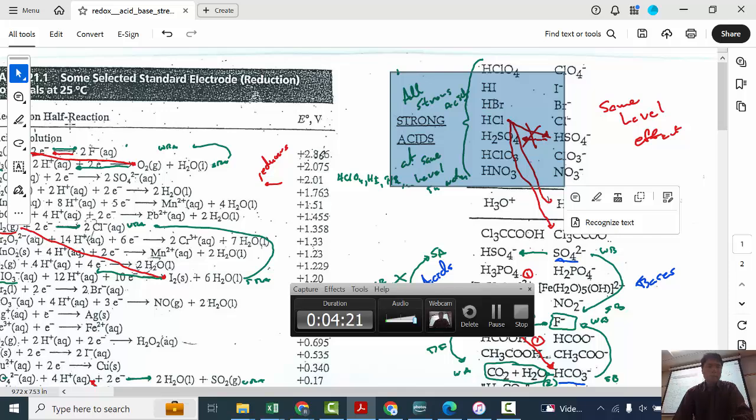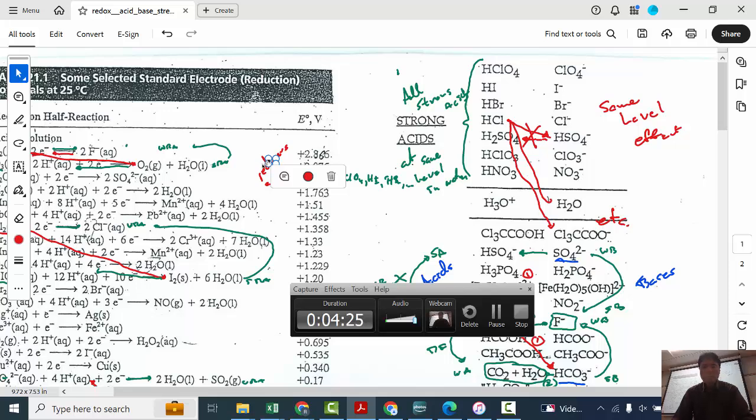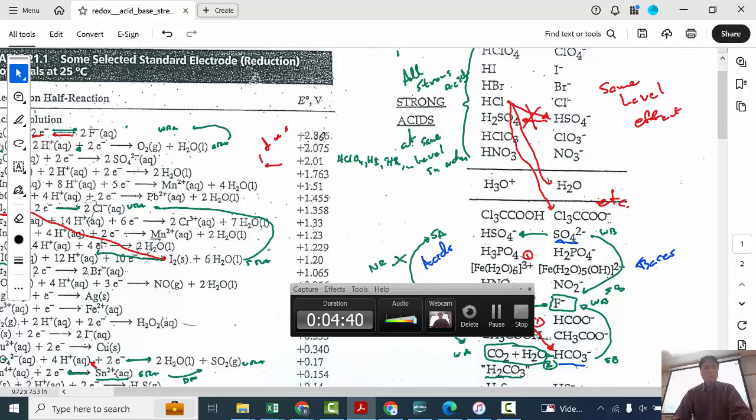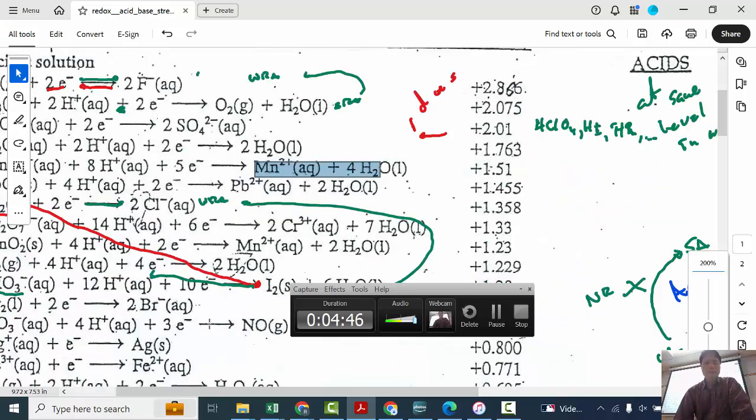Well, go over here. Need to get rid of all these. Well, anyway, what we're going to do is look at these species over here.